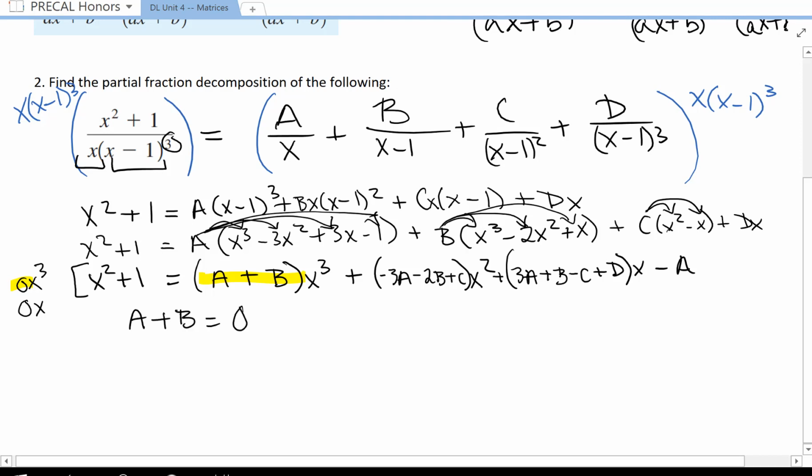I did not leave room for the other letters in my system. Next I have, this is equal to the coefficient for x squared, which is 1. So you have negative 3a minus 2b plus c equals 1.